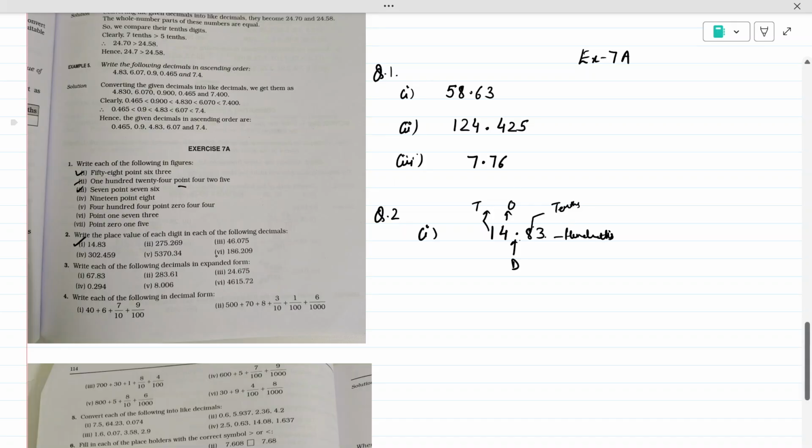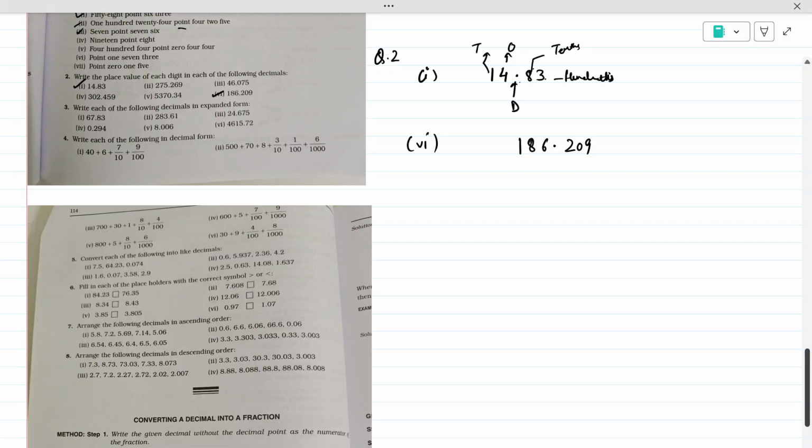Similarly, let me pick the sixth part also. The sixth one is 186.209. How can we represent this? 6 is at 1's place, 8 is at 10's place, and 1 is at 100's place.